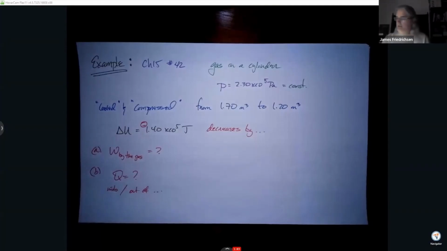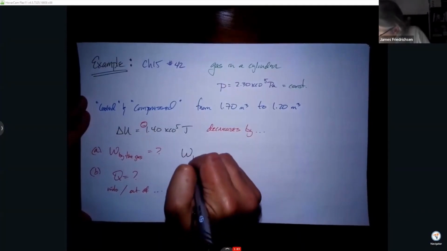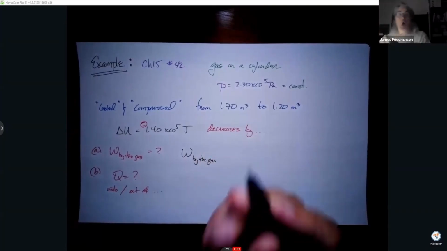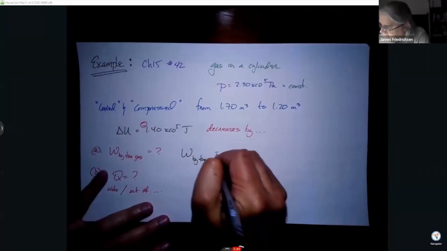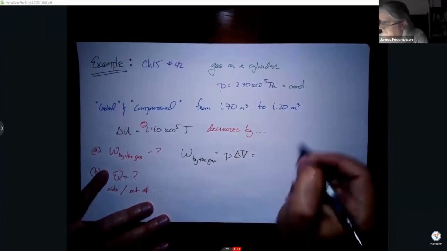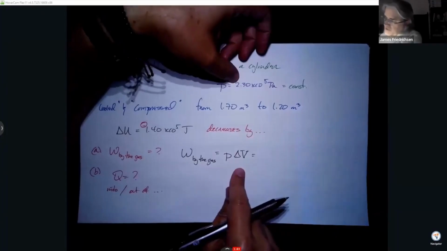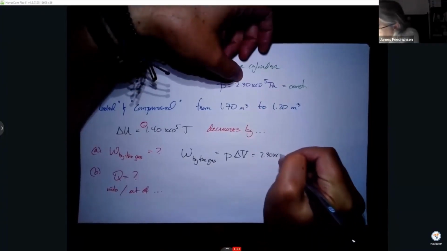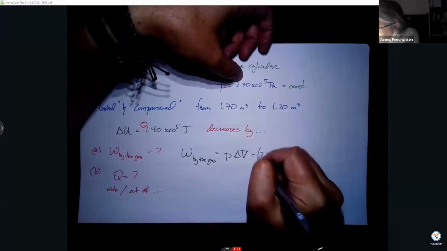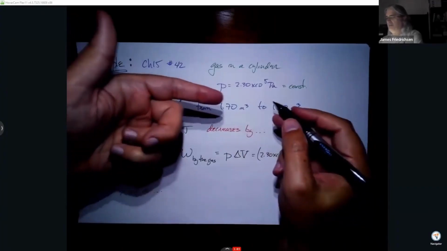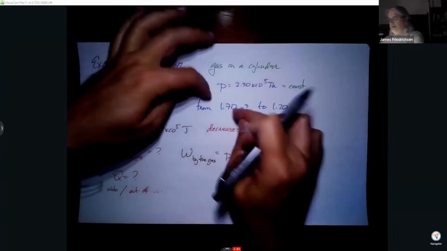Let's go in and calculate that. This is the work done by the gas. This would be on the environment if they ask for that. It's our pressure times that change in volume, and this is only if the pressure is constant, which it is. So this is our 2.30 times 10 to the 5th pascals, and then our volume change goes from this to that, so it's final minus initial.